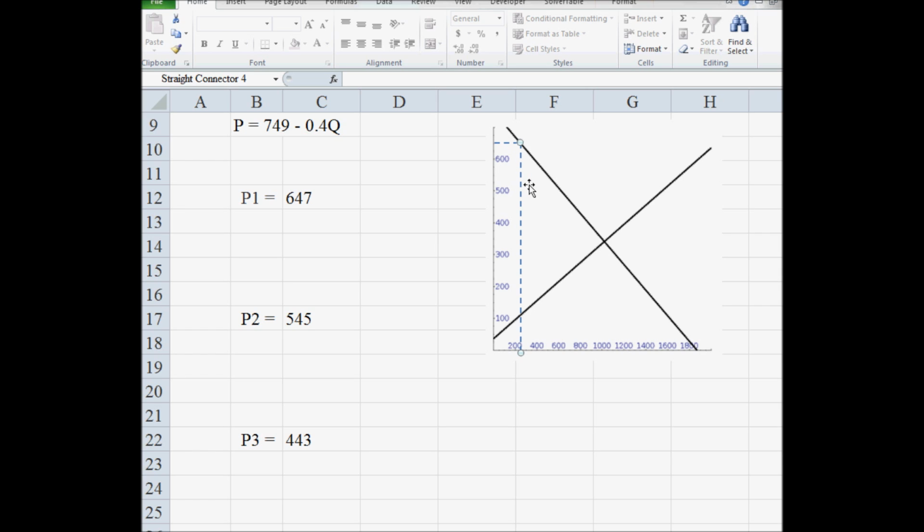Instead of just guessing from the diagram, we're going to actually calculate the quantity. So I'm going to set the price, 647, equal to the demand curve, 749 minus 0.4 Q. Then I want to subtract 647 from both sides and then add 0.4 Q to both sides.